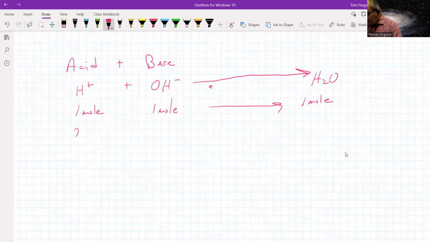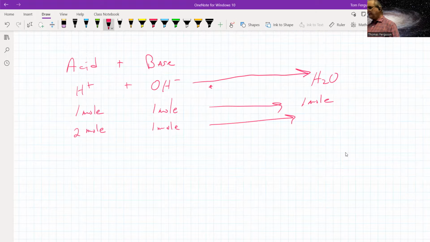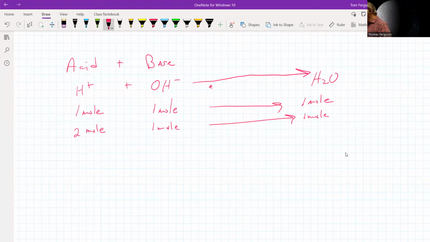What if we have 2 moles of H plus and 1 mole of OH? What do we get now? One what? Of what? Water.